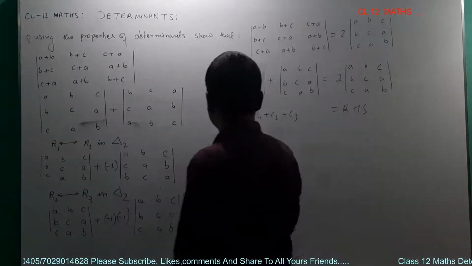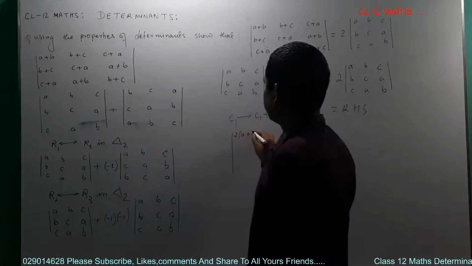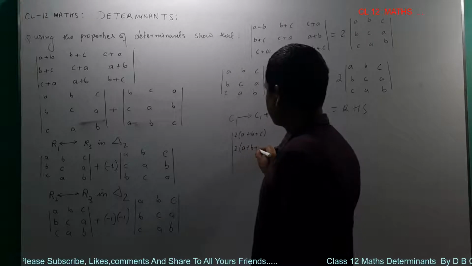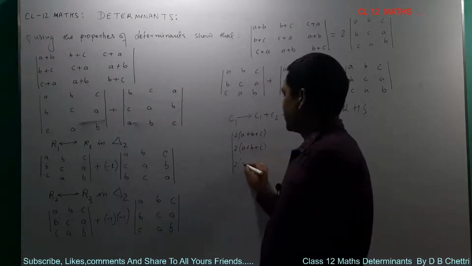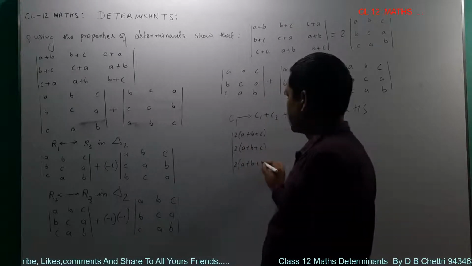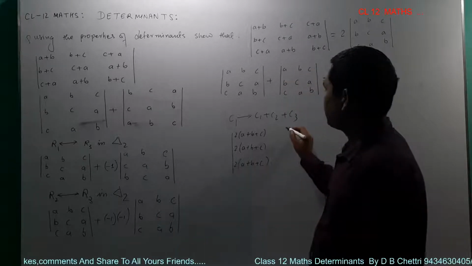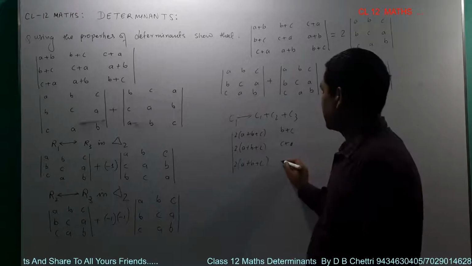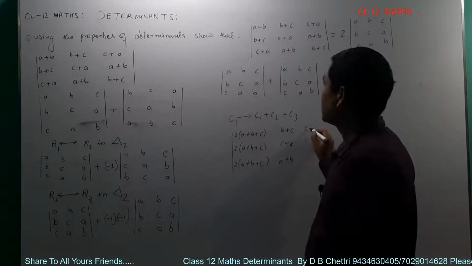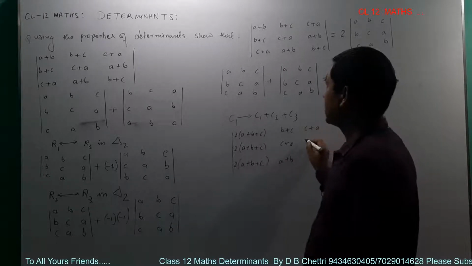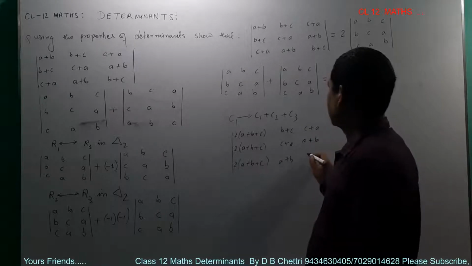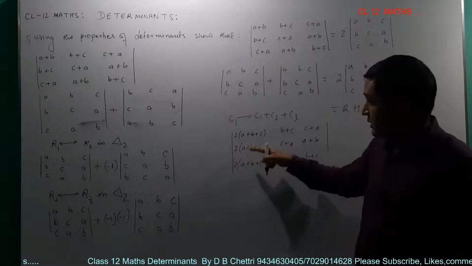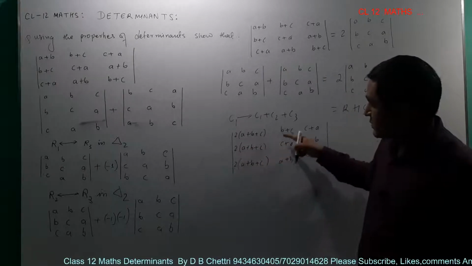Column 1 changes to 2A plus B plus C, and 2A plus B plus C, and 2A plus B plus C. Then the others remain the same: B, C, A, and so on. Then take this 2 as common.